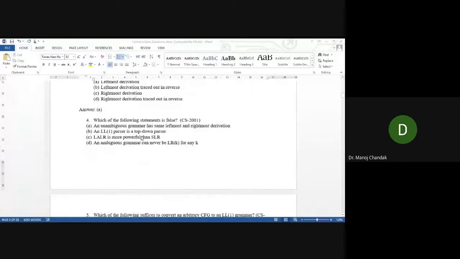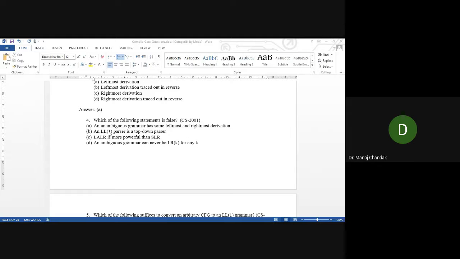This is one more. Which of the following statements is false? An unambiguous grammar has same left and rightmost derivation. Okay. Unambiguous grammar means it is generating a different parse tree for a different string.